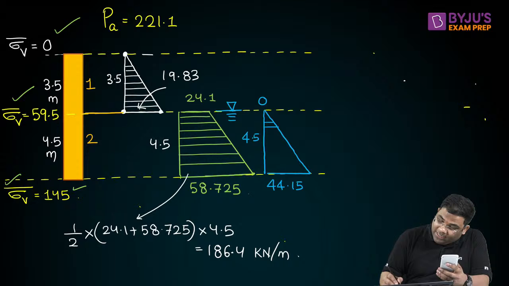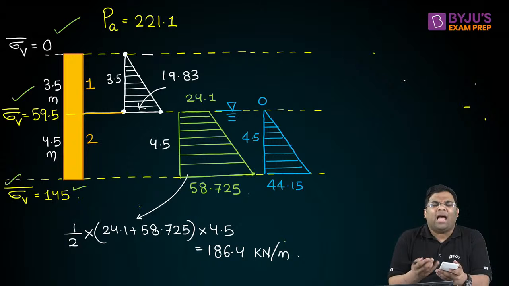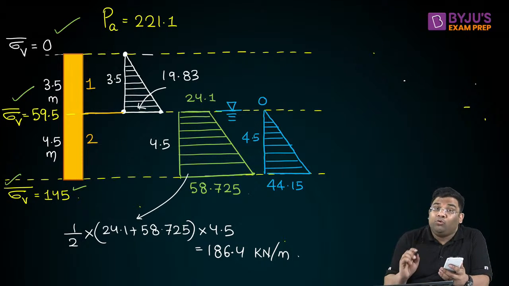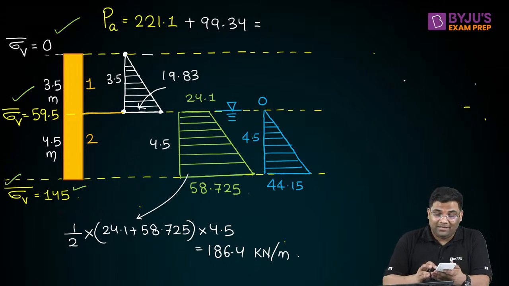Now due to water, there will be some force that I will add. How will we find that? Simply take the area: 4.5 into 44.15 divided by 2, half base into height, because it is a triangle. Due to water, I get 99.34. And I can add this: 99.34 plus 221.1.